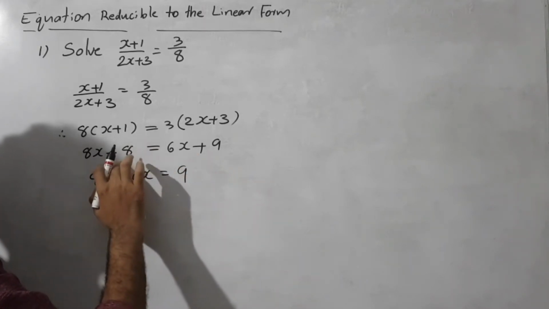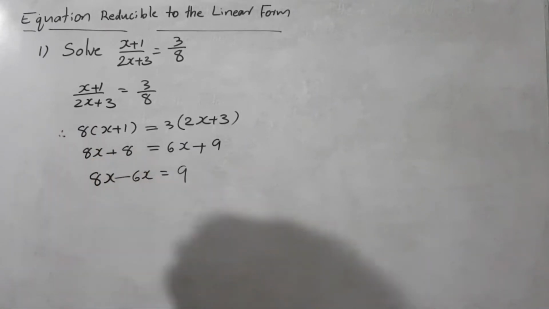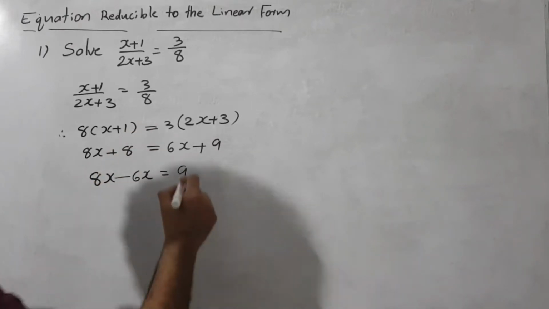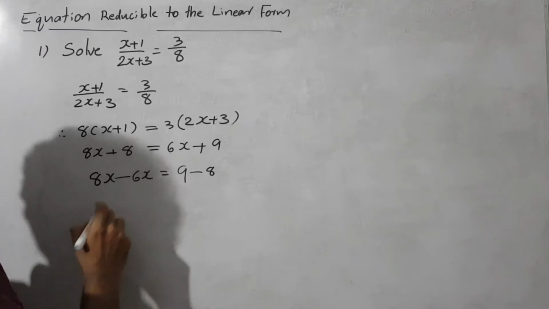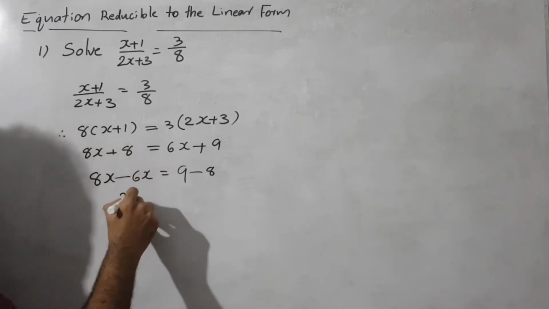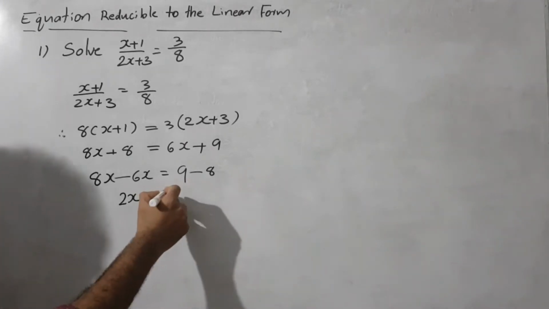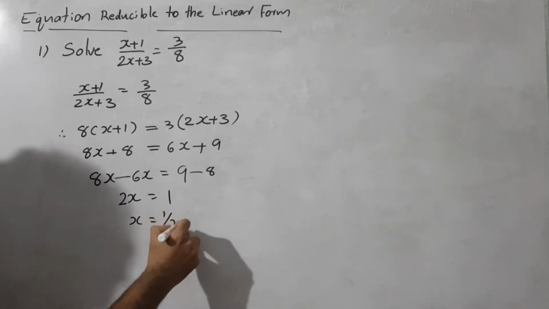Then transposing plus 8, the 8 which was added to 8x becomes minus 8. So 8x minus 6x is equal to 2x. 9 minus 8 is equal to 1. Therefore x is equal to 1 divided by 2.